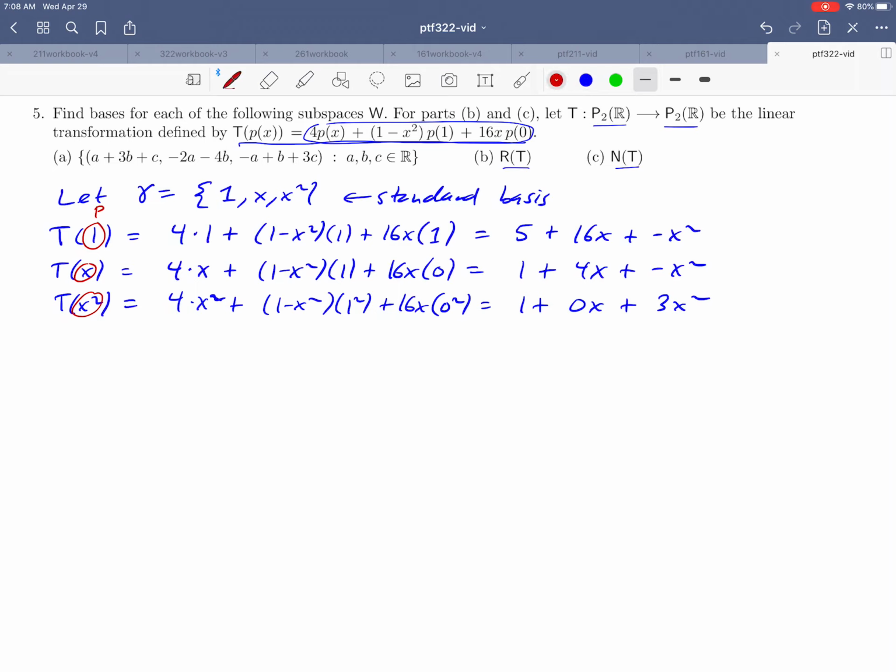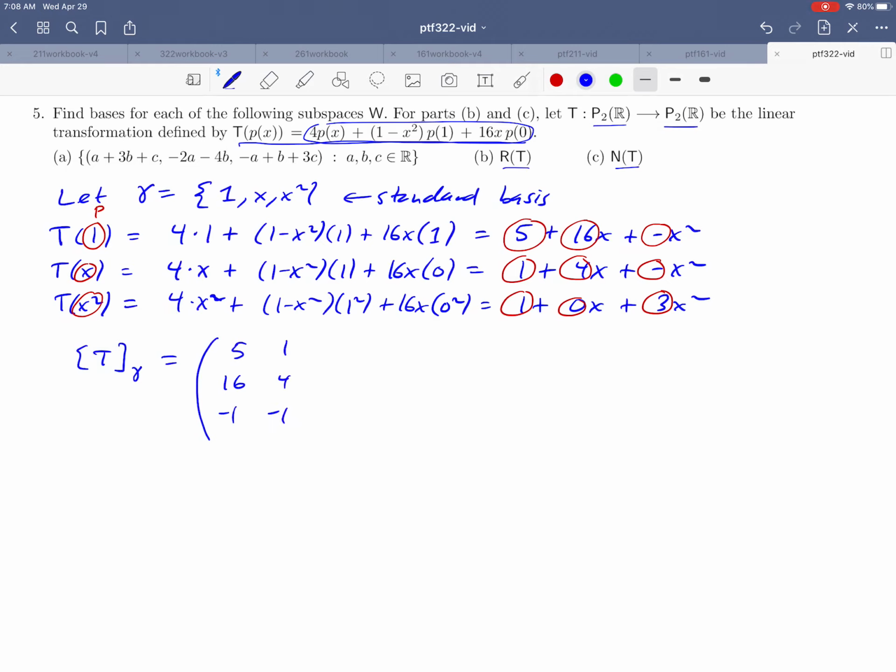Remember that our matrix is really formed by looking at the way that our outputs are represented as a linear combination of our basis. So we can look at those coefficients and see that the matrix of our transformation relative to this basis is going to look like this. First column is 5, 16, negative 1.